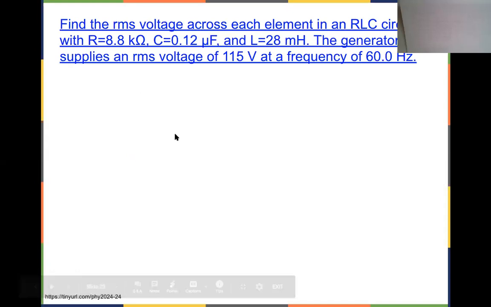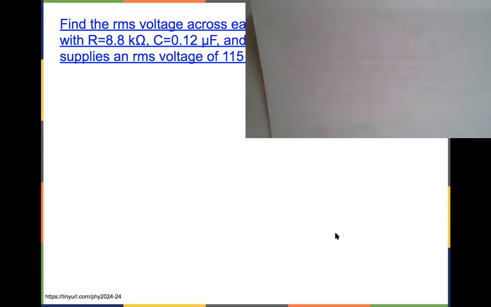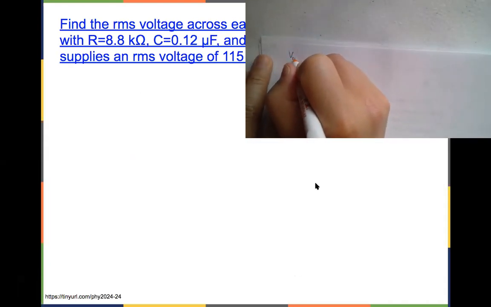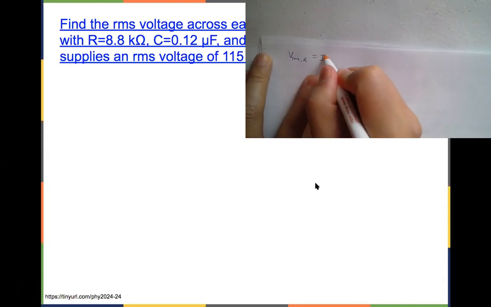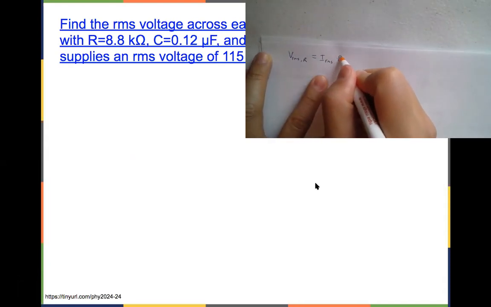So this one says find the RMS voltage across each element in the RLC circuit, okay? So in order to figure out the RMS voltage on the resistor, I can write it this way: it's going to be equal to the RMS current times the resistance.